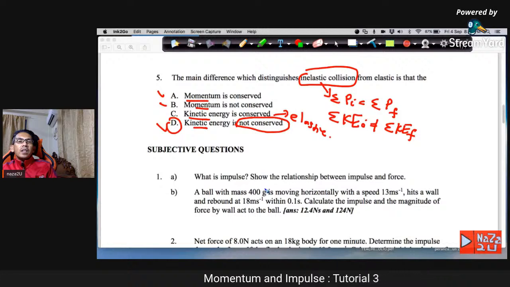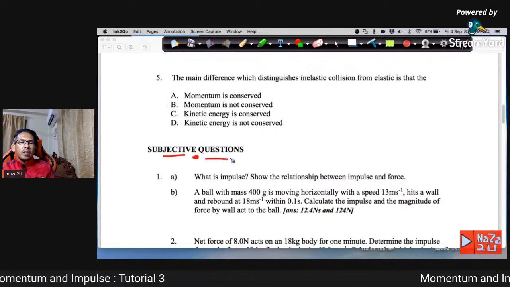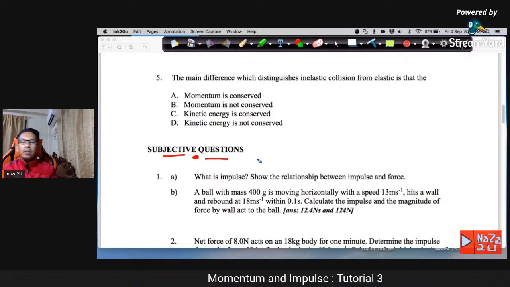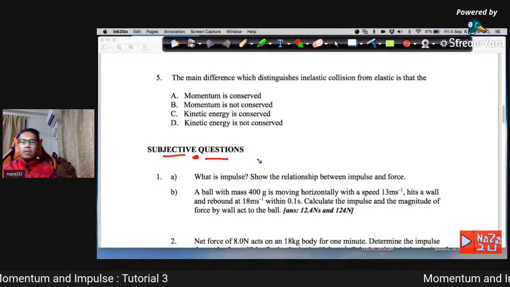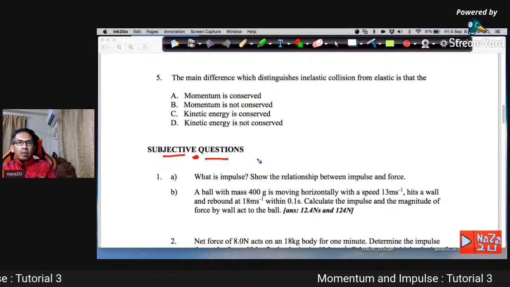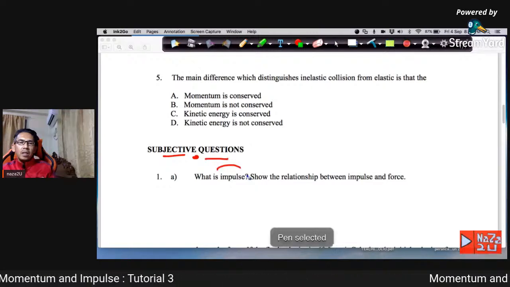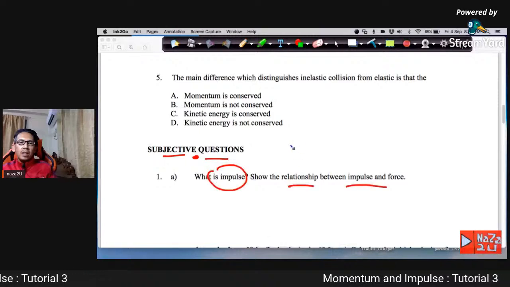Continue to the subjective question. So number 1 for subjective question. Number 1 asks you what is impulse, and show the relation between impulse and force. So look at the definition.